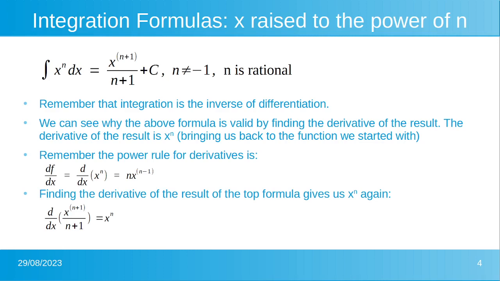We subtract 1 from the power n plus 1 and we get x raised to the power of n. So by differentiating the result on the right hand side, we're brought back to the function that we started with.